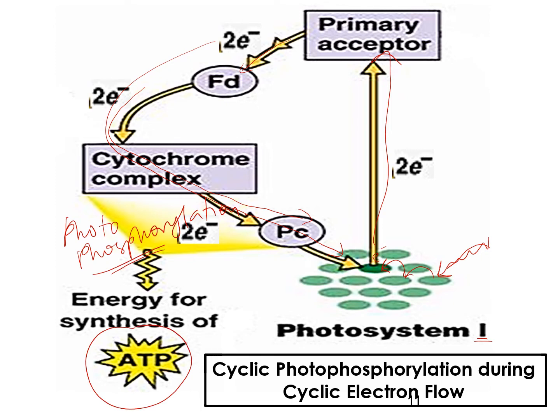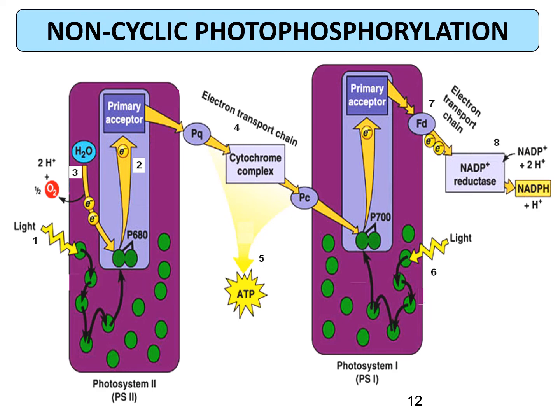Can you see the difference between cyclic photophosphorylation and non-cyclic photophosphorylation? Non-cyclic photophosphorylation involves PS1 and PS2. It produces ATP and NADPH. It involves photolysis of water.